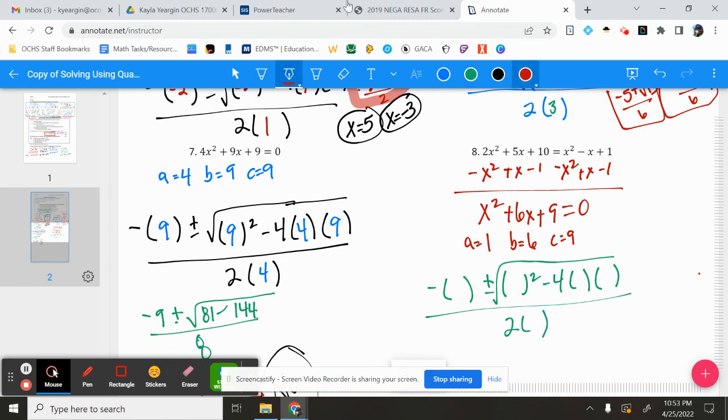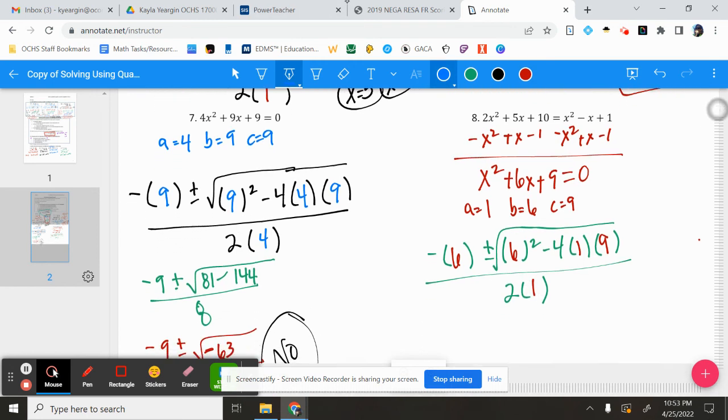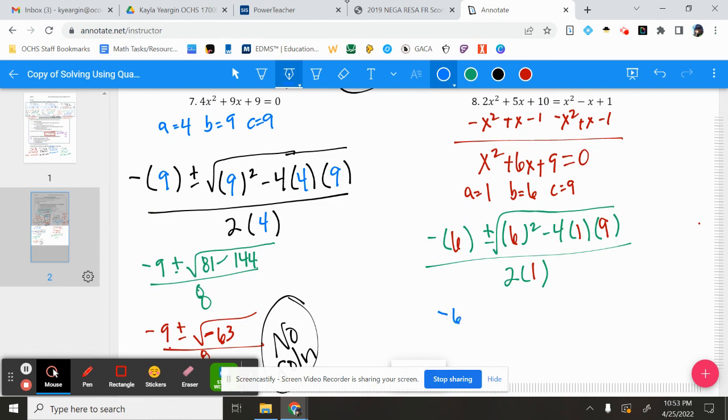Then we just want to plug in these values. B is 6, a is 1, c is 9. So I'll be left with negative 6 plus or minus the square root 36 minus 36, because 4 times 1 is 4, 4 times 9 is 36, divided by 2.